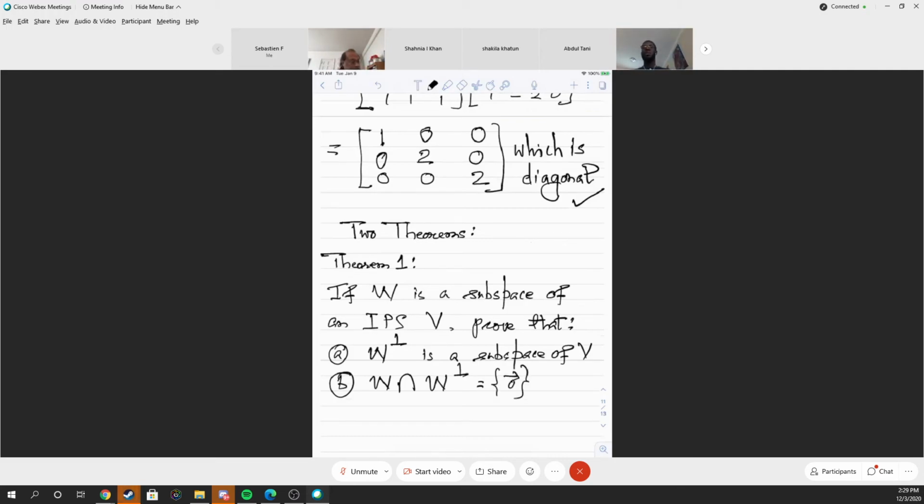Only the zero vector is common between them. That's one theorem.